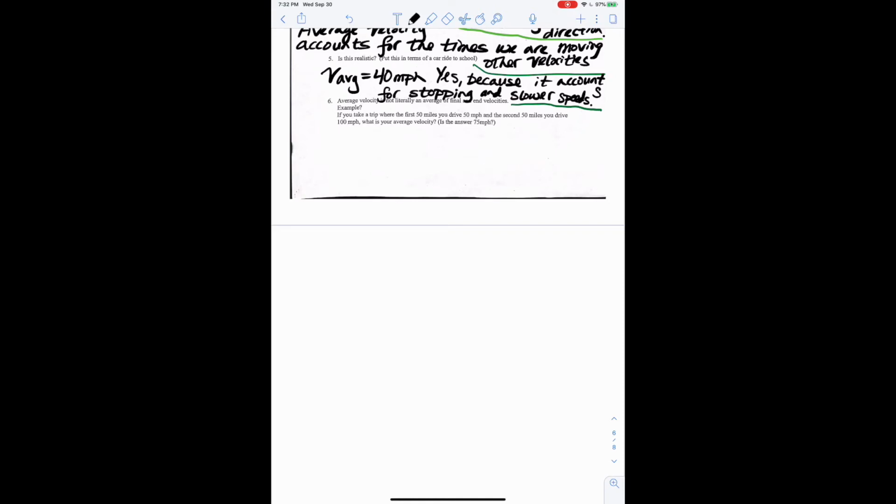All right, if you take a trip where the first 50 miles you drive 50 miles per hour. Okay, so let's look at this. Let's say you're going on a trip. Here's home. And you're going to go on a trip, and it's just one road, no stops or anything, just a straight shot.